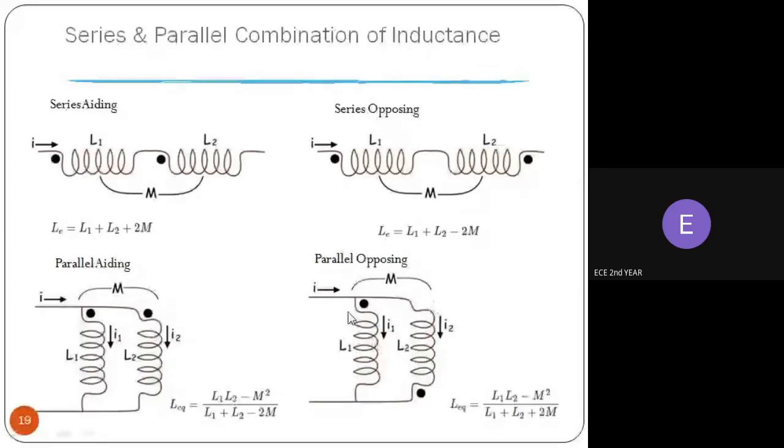The equivalent inductance can be calculated with the formula L equivalent is equal to L1 L2 minus M square, the whole divided by L1 plus L2 plus 2M. M is the mutual inductance between L1 and L2.